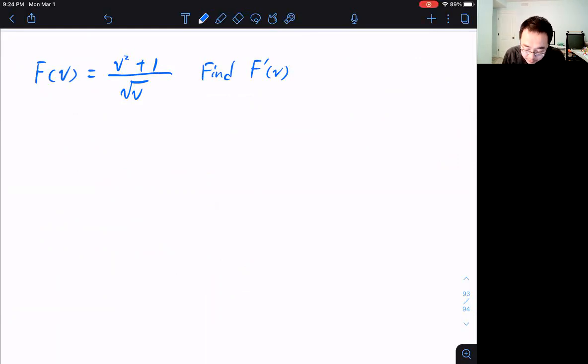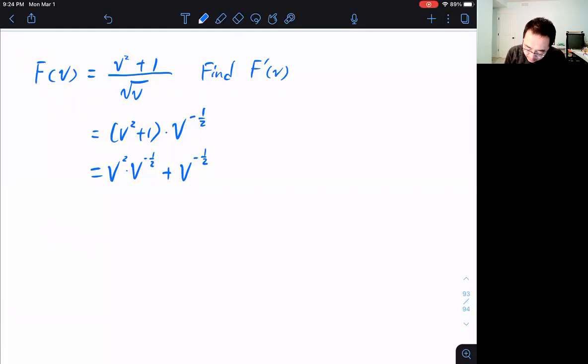This equals v squared plus 1 times 1 over the square root of v, which is v raised to the negative 1/2. Negative means it's in the denominator, and 1/2 is the square root, right? So then we have v squared times v raised to the negative 1/2 plus v to the negative 1/2, because that's just multiplying the v to the negative 1/2 through the parentheses.